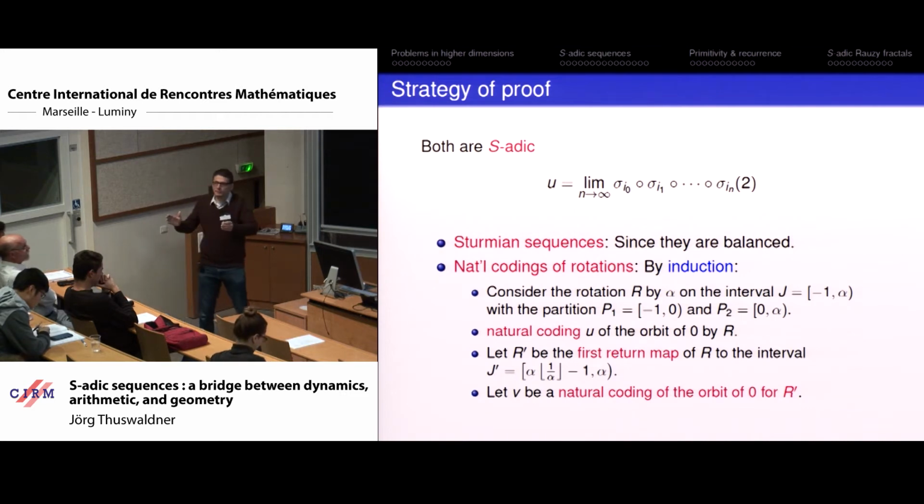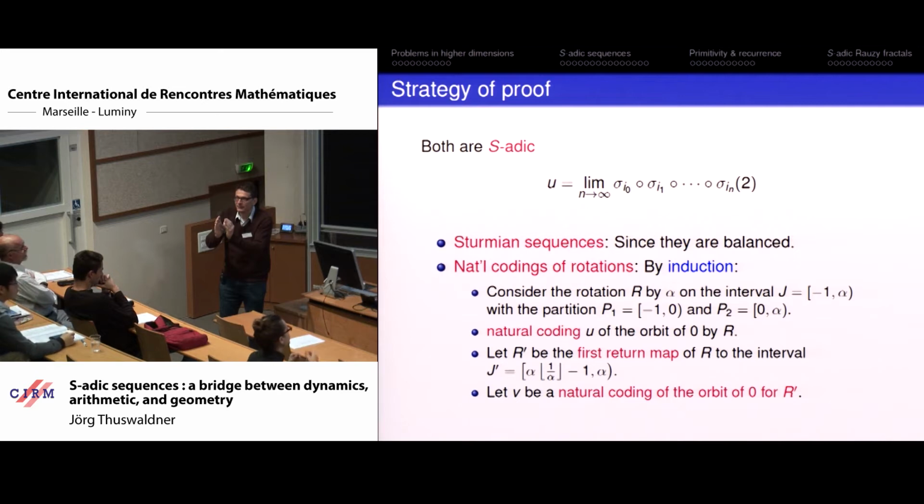So you look at the rotation on the interval 0, 1, and then you zoom in. You look at a smaller subinterval of the interval 0, 1, and you wait until your rotation turns up in this subinterval. Okay? So once in a while, you hit this subinterval. The rotation is irrational, so the orbit is dense. It is clear you will get there now and then.